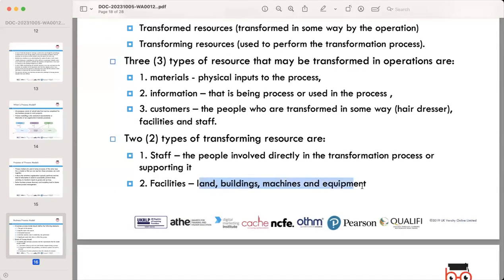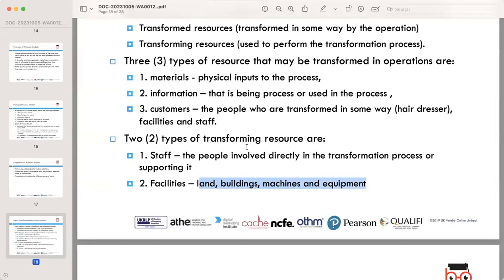So the two types of transforming resources are people involved directly in the transformation process or supporting it, and facilities: land, buildings, machines, and equipment.